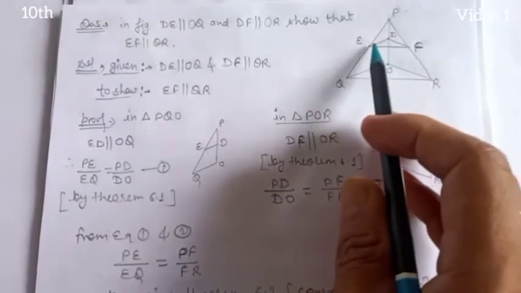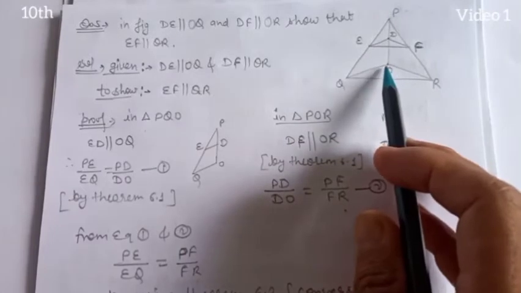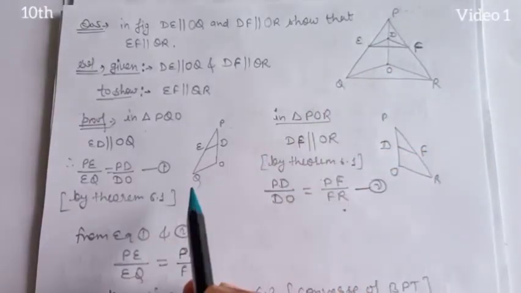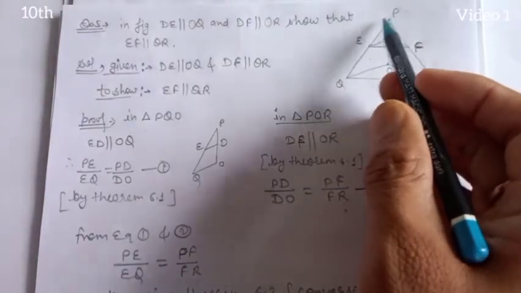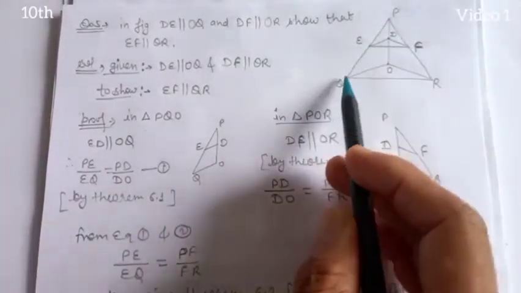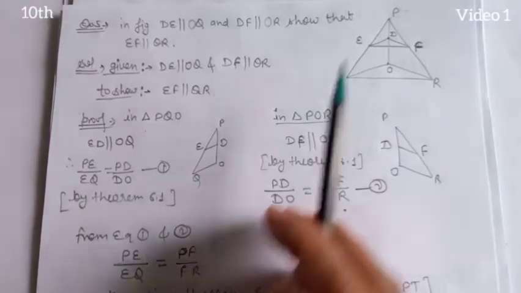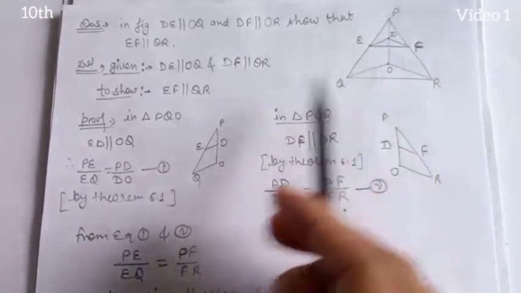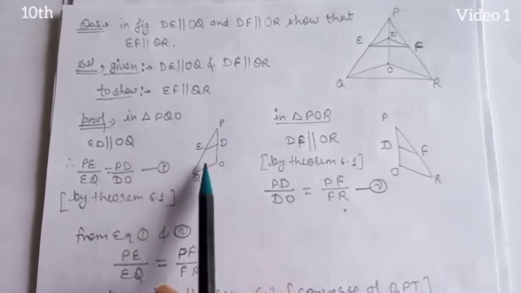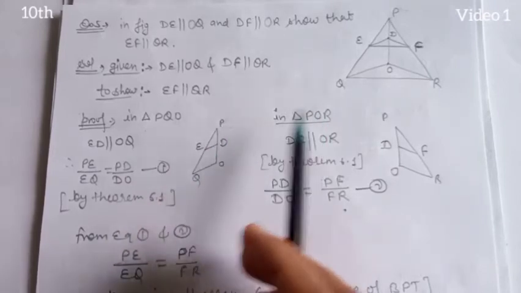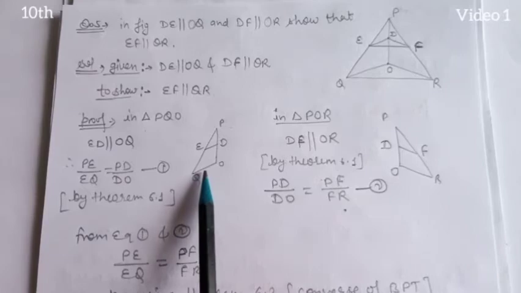Okay, so if this side is parallel to OQ, by using theorem 6.1 we can write the ratios equal. So PE upon EQ is equal to PD upon DO. Mark it as equation 1. Okay, the triangle is here also. Same copy of this triangle is drawn here.